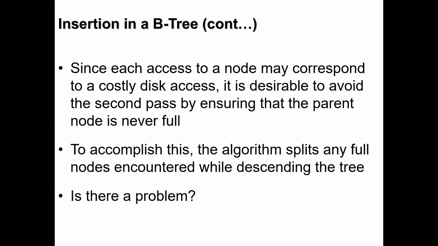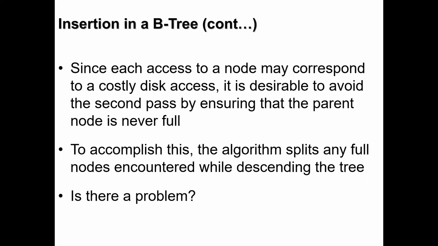Another alternative is that as you move downward, if you encounter any node that is already full, you split it on the way down. This approach avoids a second, upward pass, but the issue is that it may result in unnecessary split operations. So there are two approaches. One is when you encounter a node that is full, you split it and move upward.